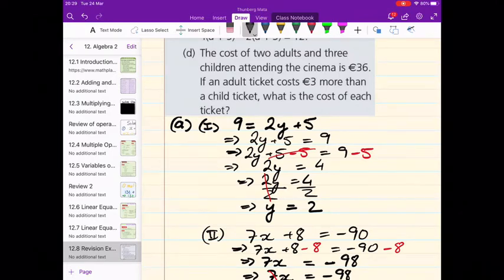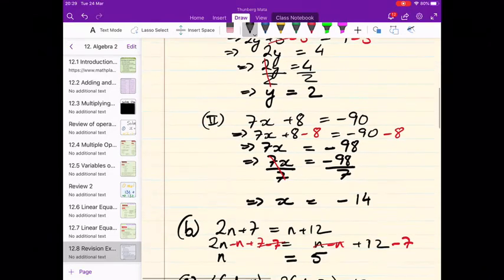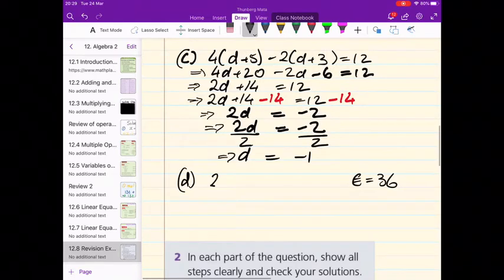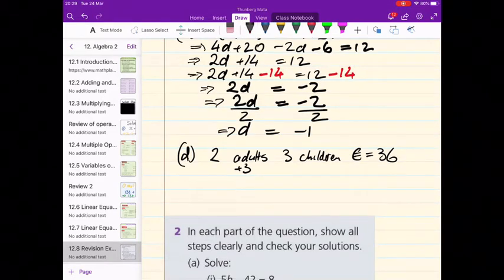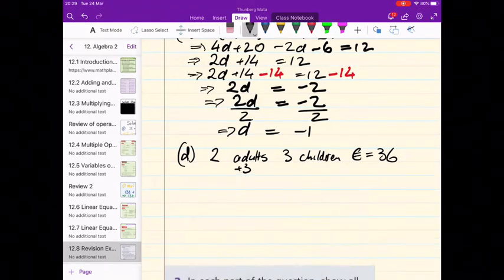If an adult ticket costs 3 more than a child's ticket, what is the cost of each ticket? So how many adults and how many children? 2 adults, 3 children, and the adult's ticket is €3 more.